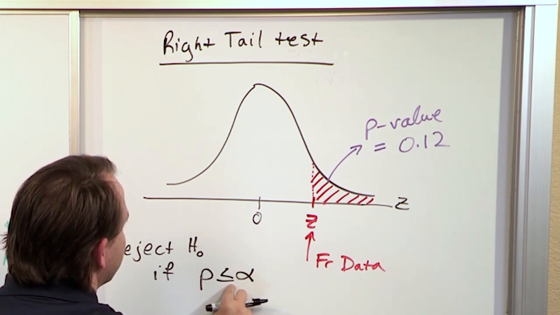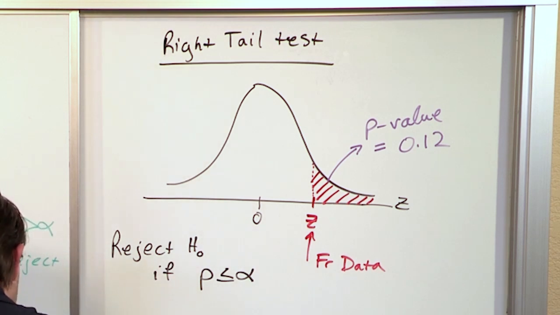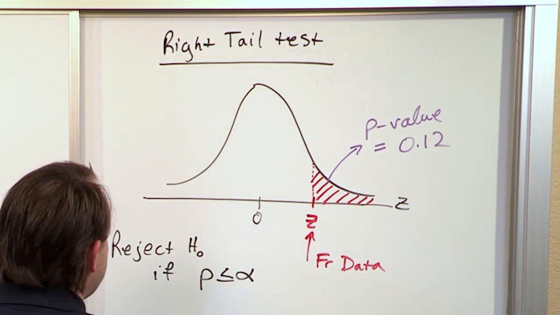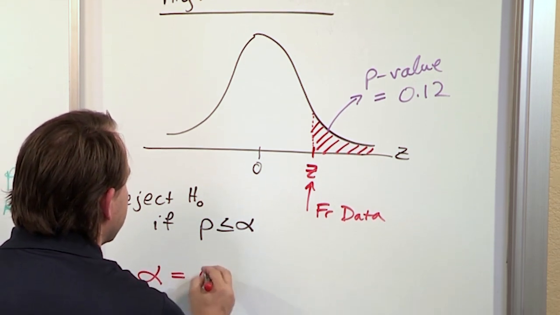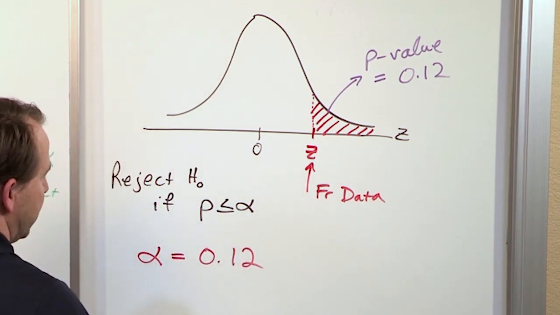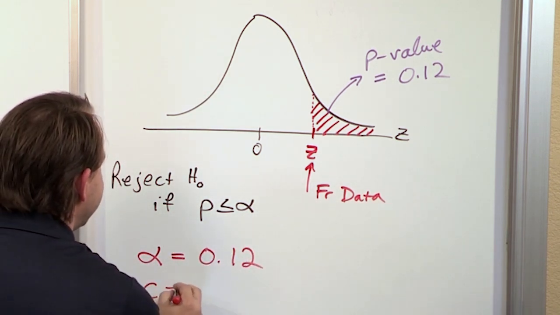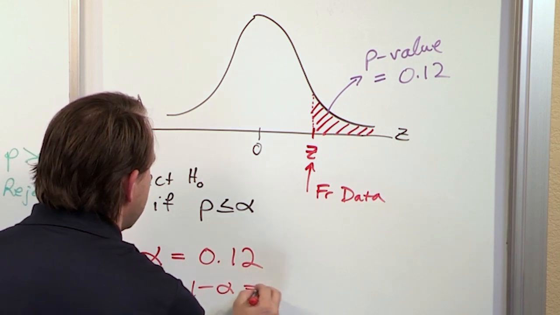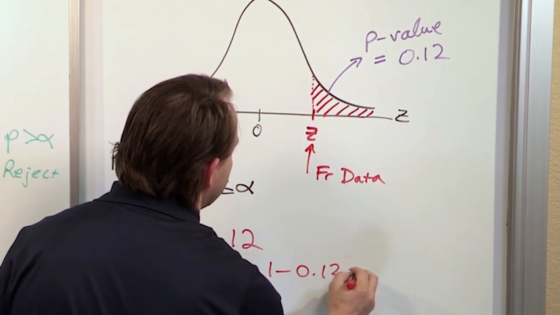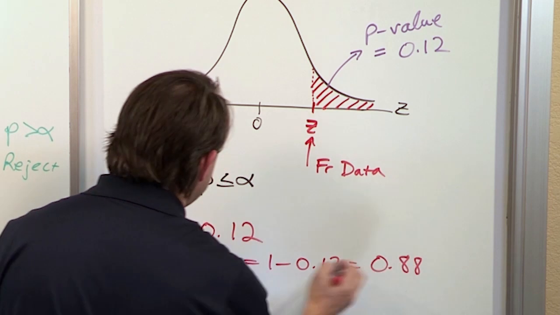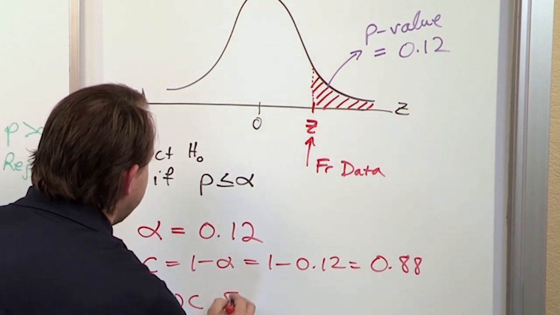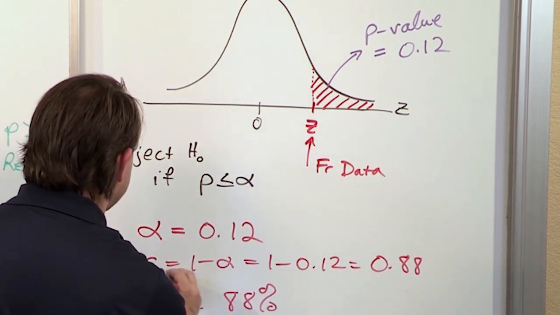Notice it says or equal to alpha. So then all I have to do is say, aha, well then I'll say alpha is 0.12. And then from that, c is 1 minus alpha, 1 minus 0.12, 0.88. So the level of confidence is 88%, in this case.